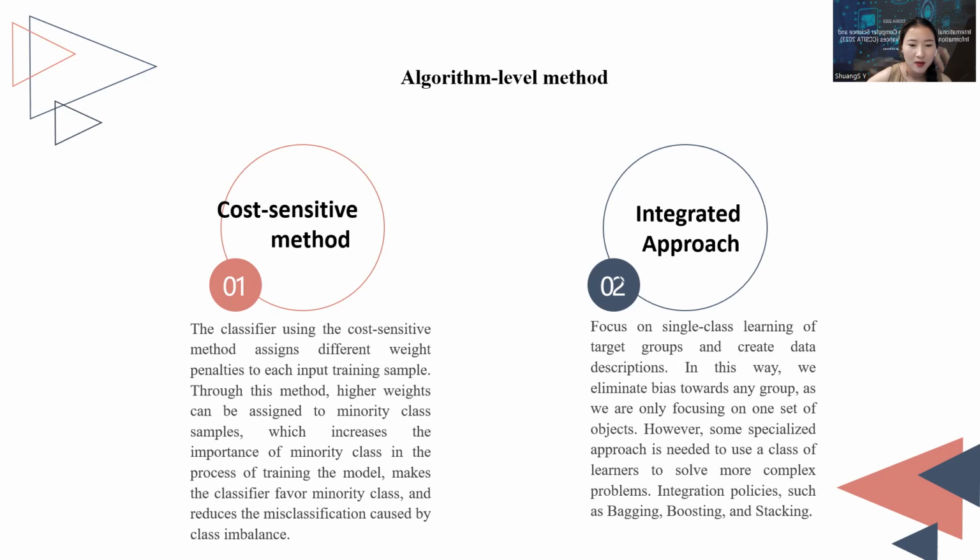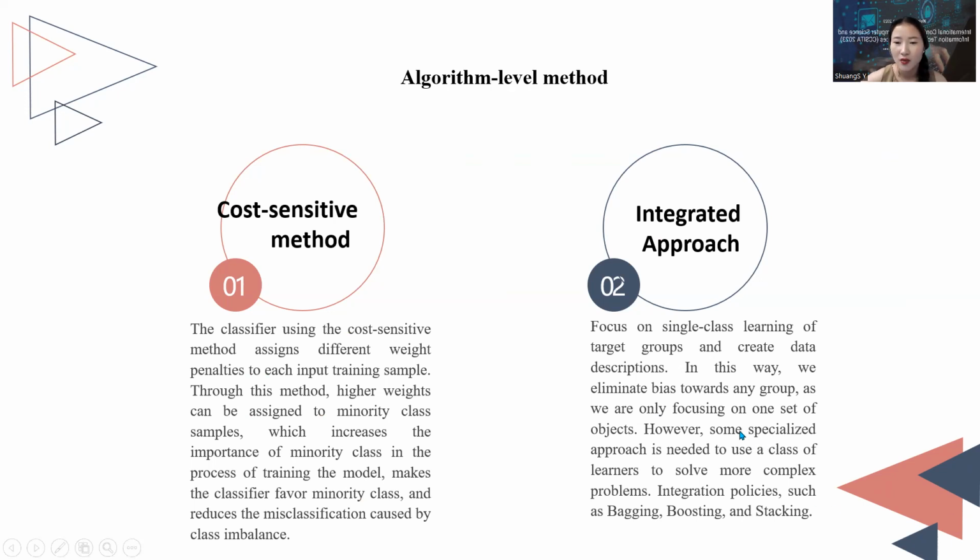Through that method, higher weights can be assigned to minority class samples, increasing the importance of the minority class in the process of training the model, which makes the classifier favor the minority class and reduces the misclassification caused by class imbalance.